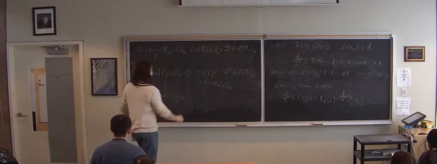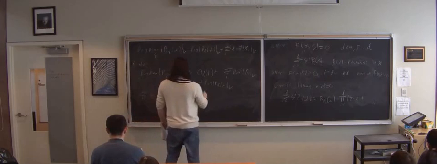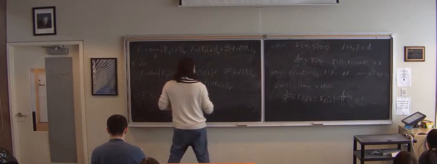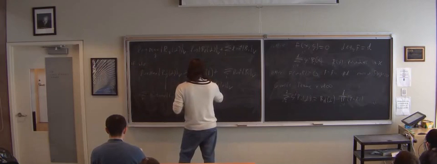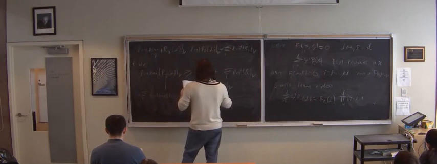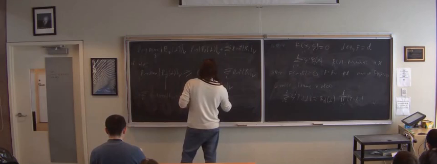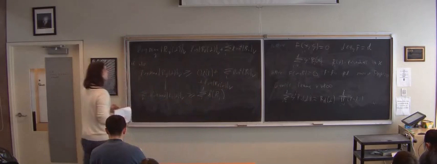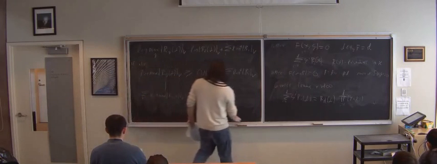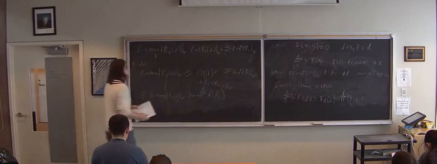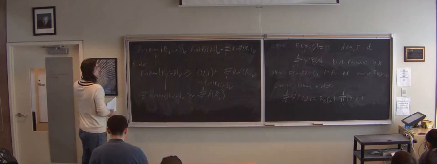So this is at least the sum over i of the heights of these beta_i's. Okay?